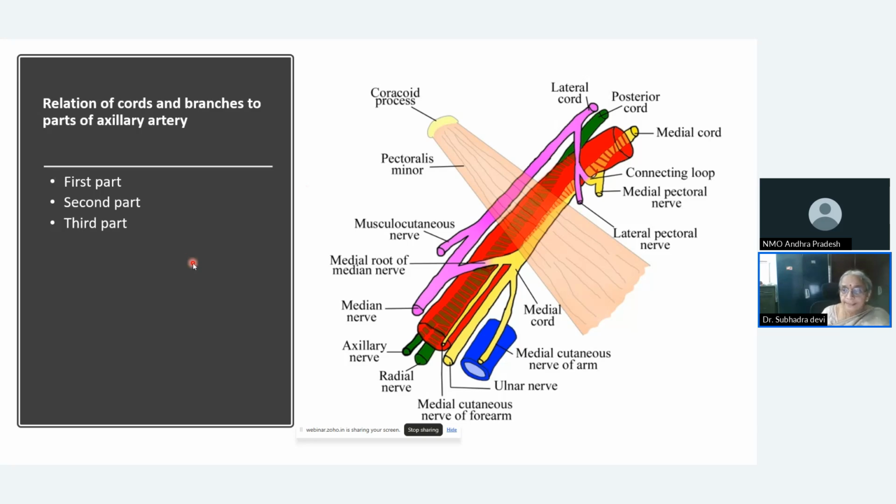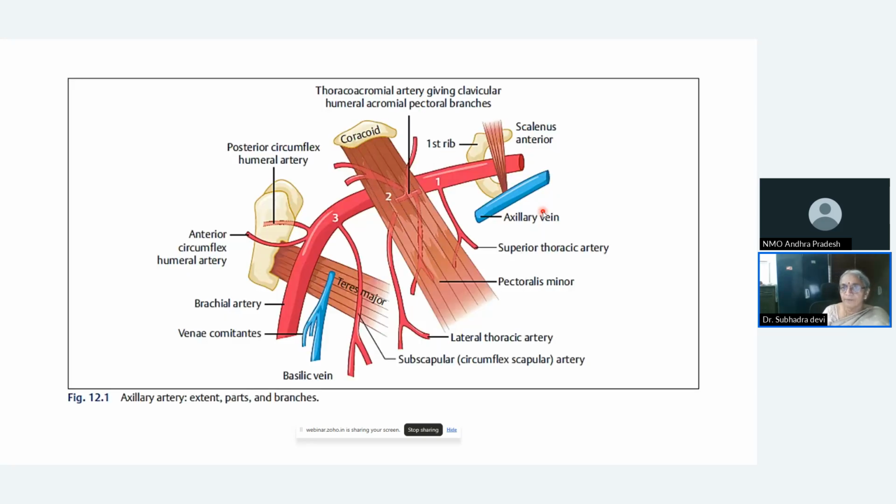So, another thing is you should know the relations of the brachial plexus cords. So in relation with the axillary artery, the first part, second part, and third part, which will be differentiated in relation with the pectoralis minor muscle. This also you should remember, because the axillary artery is having relations for the brachial plexus.